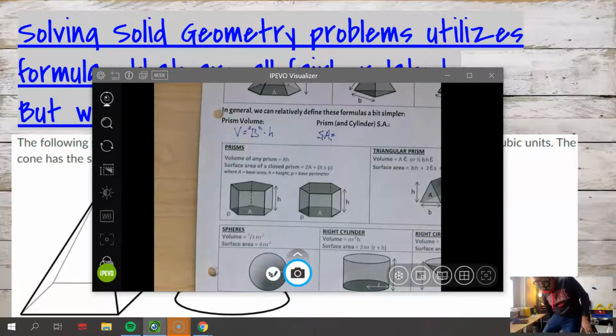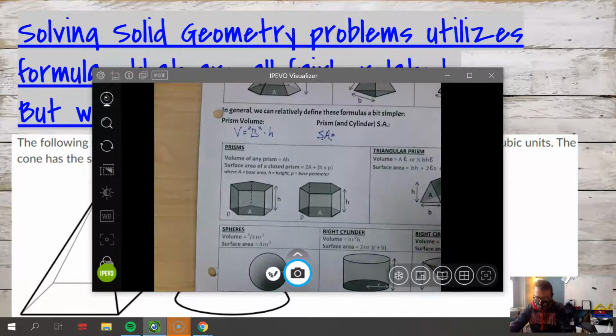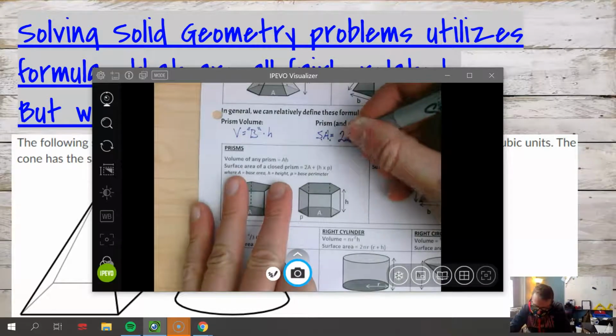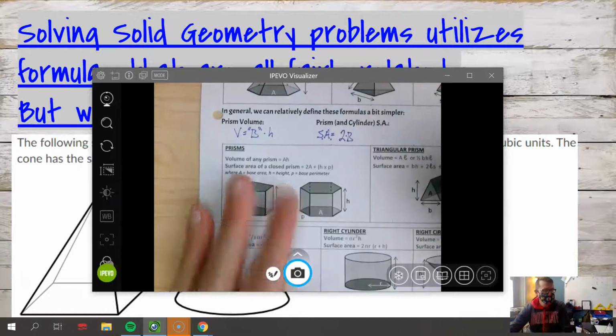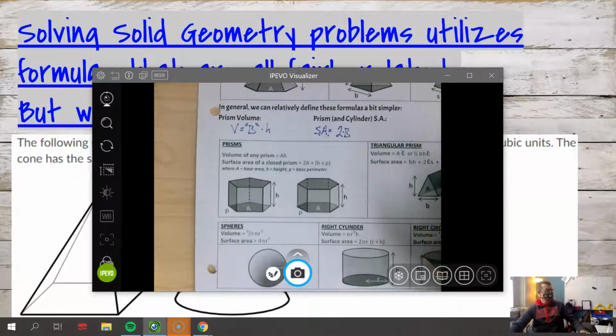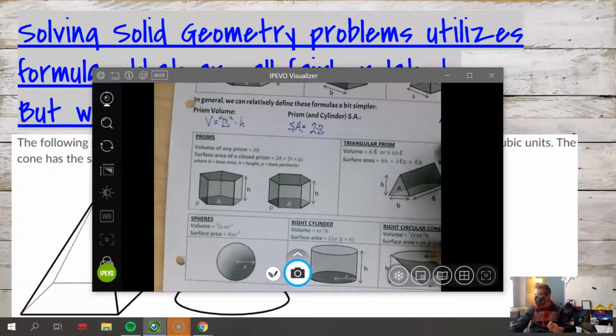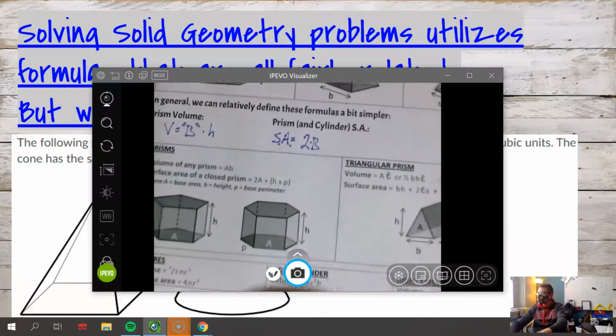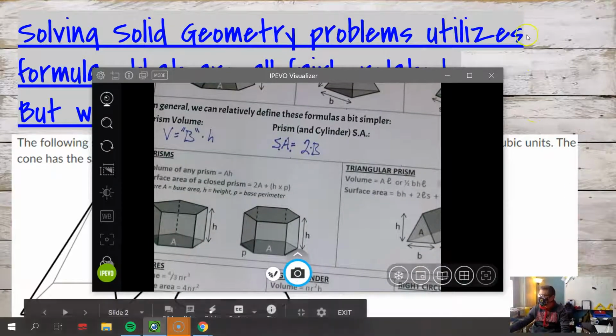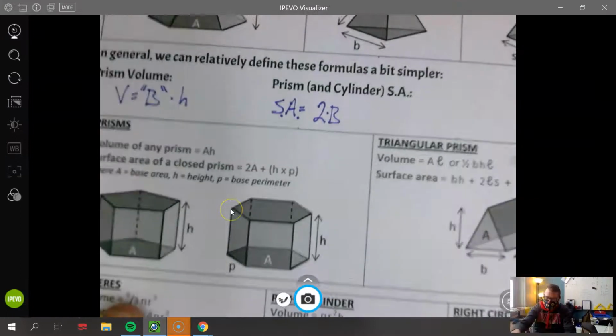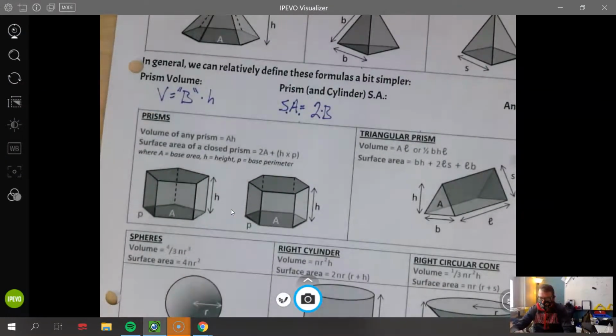Two matching bases, right? Two identical or two congruent, we could say, bases. So there will always be 2 times big B. If we're trying to simplify the formulas that we're writing a little bit, there will always be 2 times big B.